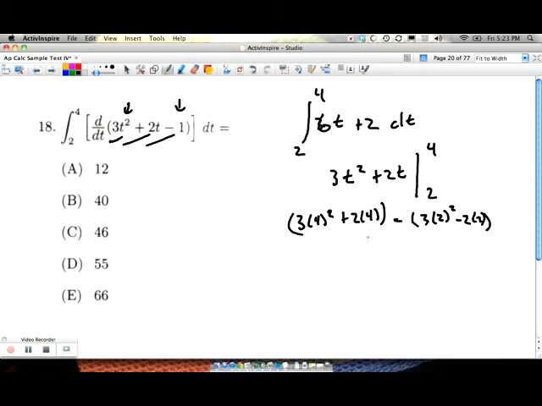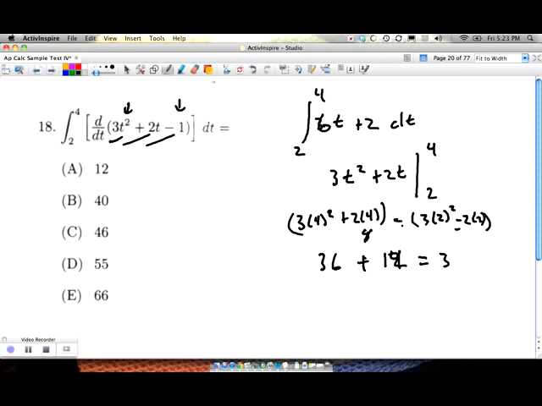So 2 times 4 minus 2 times 2 is going to be 8 minus 4, so that's 4. And 3 times 16 minus 3 times 4 is really 3 times 12, which is 36. Minus 4 is 32. Oh, that's a negative. This would be 8 minus negative 4, so that's 12.